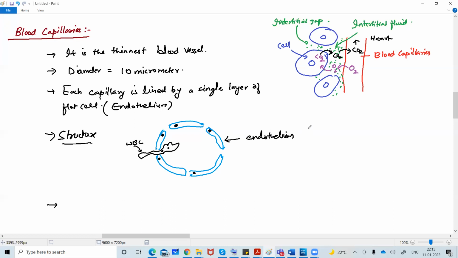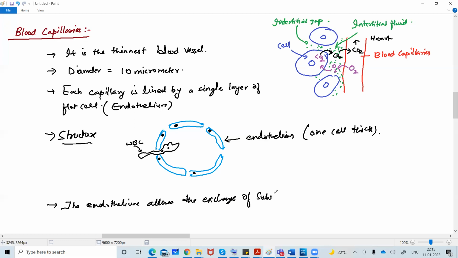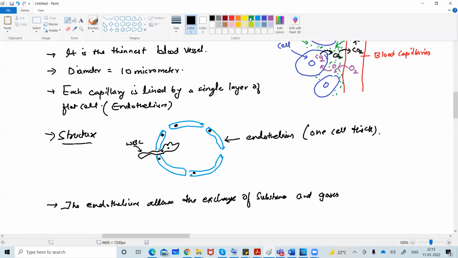They are one cell thick, so they provide an exchange pathway. You can say that the endothelium allows the exchange of substances and gases.